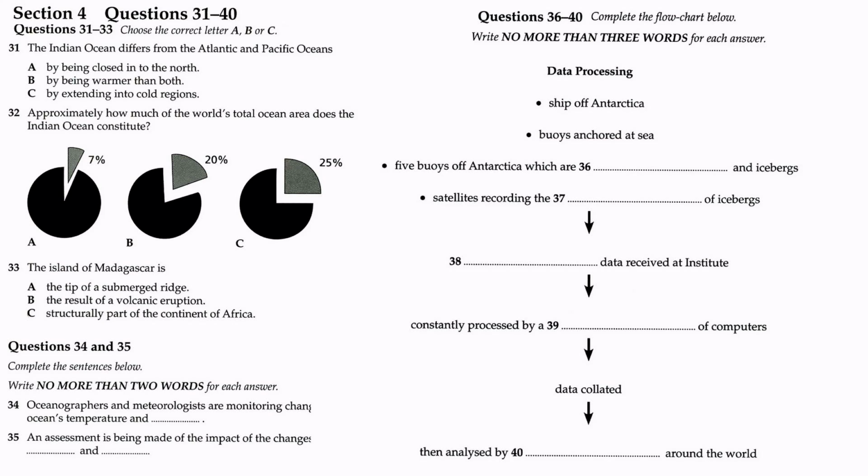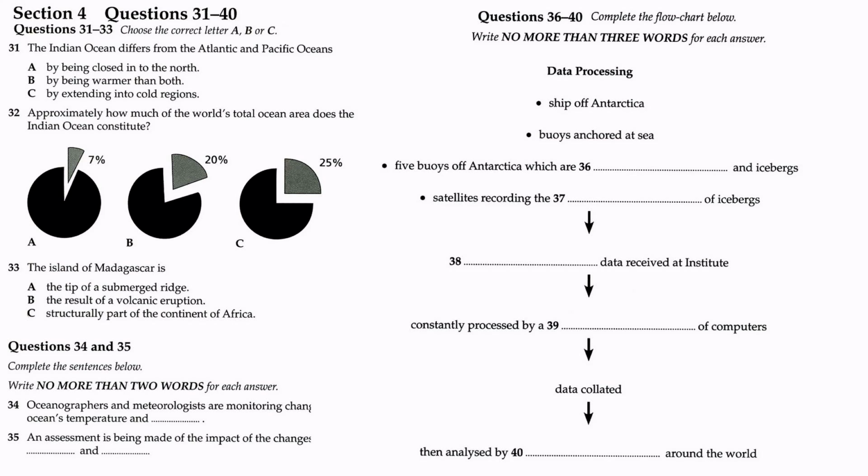The 2 largest islands in the Indian Ocean, Madagascar, here off the coast of Africa, and Sri Lanka, here off the southern tip of India, are structurally parts of the continents of Africa and Asia, while islands like the Seychelles are exposed tops of submerged ridges. The Maldives are low coral islands, and Mauritius and Réunion are volcanic cones.